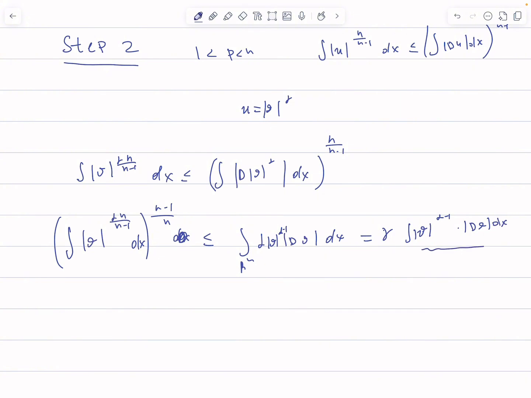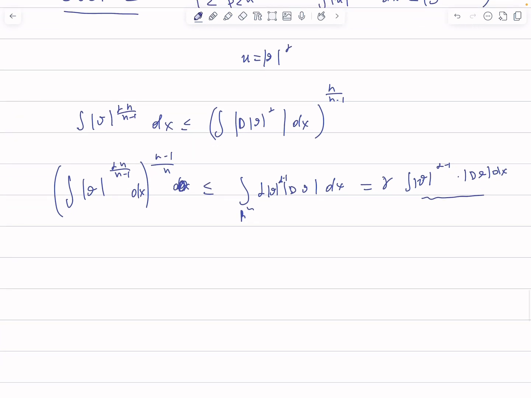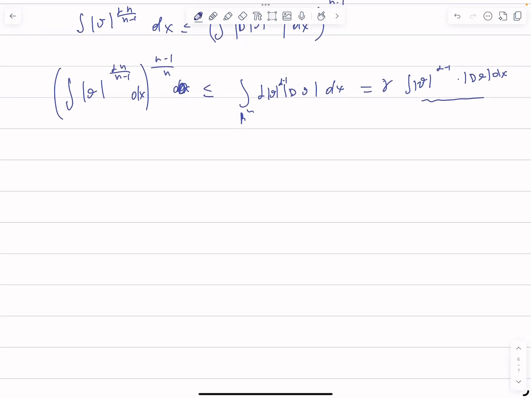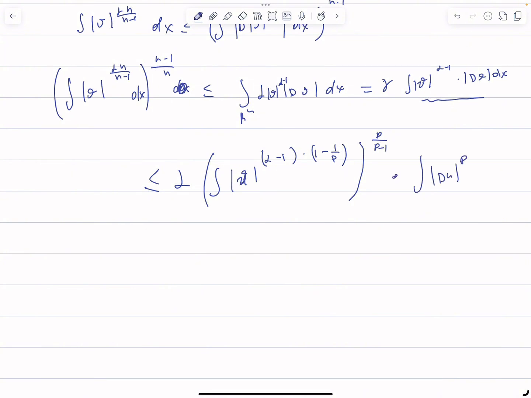Now we use the Holder inequality again. We can write this is less or equal lambda, then the integral of |v| to the power lambda minus 1 times p divided by p minus 1, to the power p minus 1 over p, times the integral of dv to the power p, to the power 1 over p.